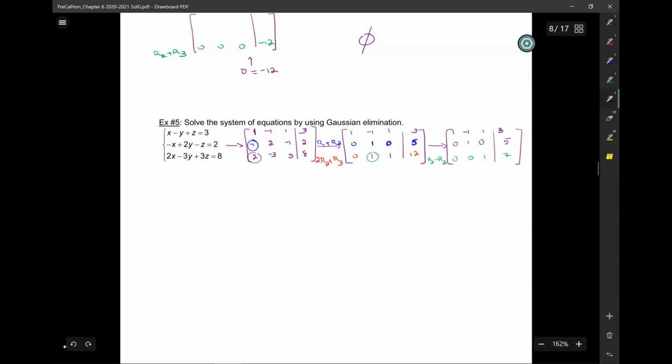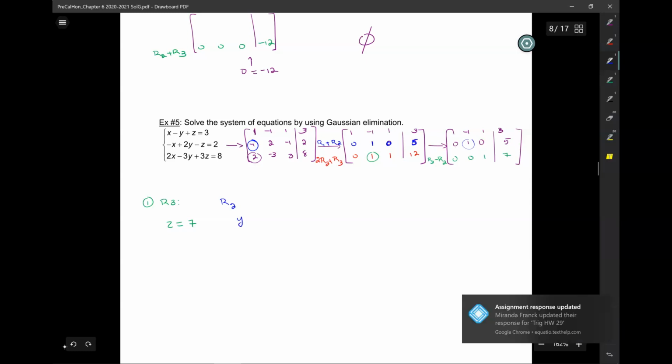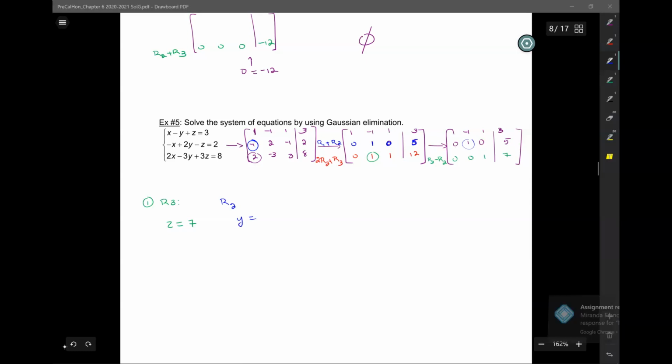And this actually gives us an even simpler situation, because from row 3, I get that z is equal to 7. From row 2, everything's 0 except for this y term. So I just get that y plus 0 is equal to 5.